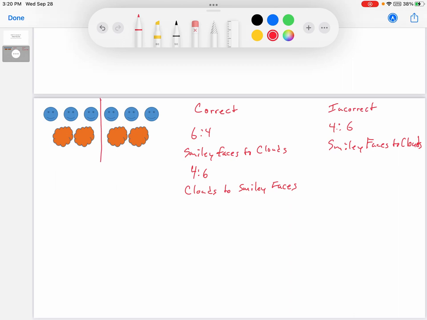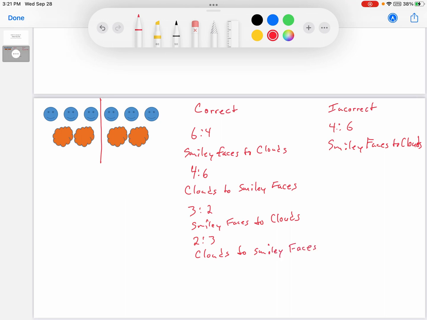So let's divide this into 2 groups, and each group is the same, so therefore we could say that this is 3 to 2 smiley faces to clouds. And that means exactly the same thing. And we could reverse it and have it be 2 to 3 clouds to smiley faces.